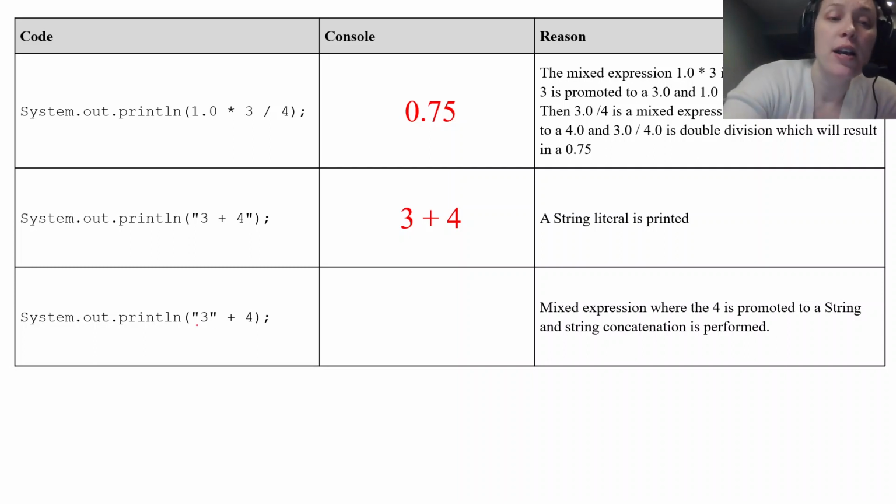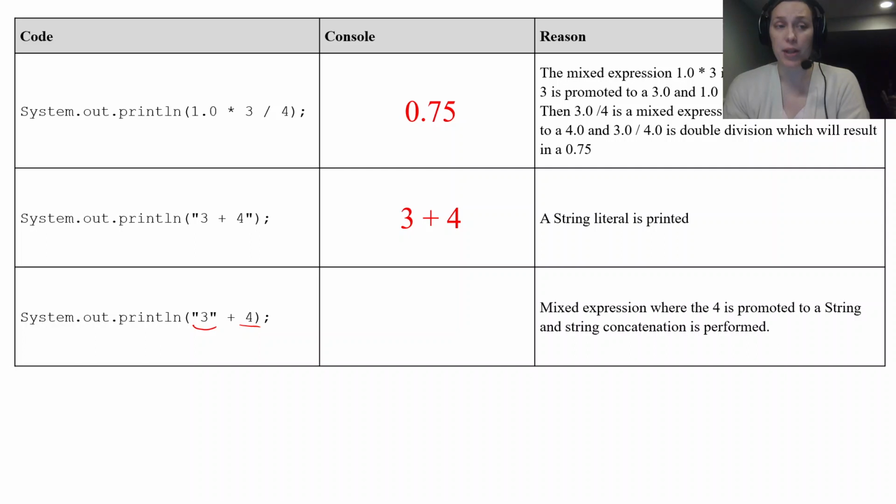When you have a string mixed with an int, or even a string mixed with a double, the string is the most complex type. So if you mix the two, whatever number you have will get promoted to a string. So it reads that plus as concatenation because it promotes the 4 into a string. So 3 plus 4, 3 and 4 get pushed together into 34.